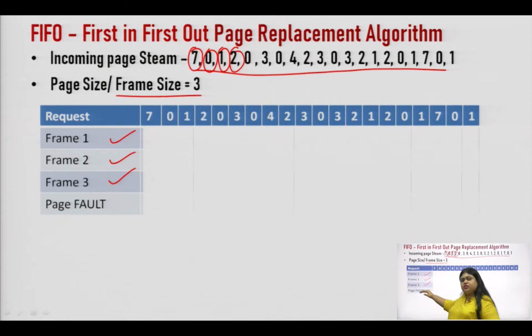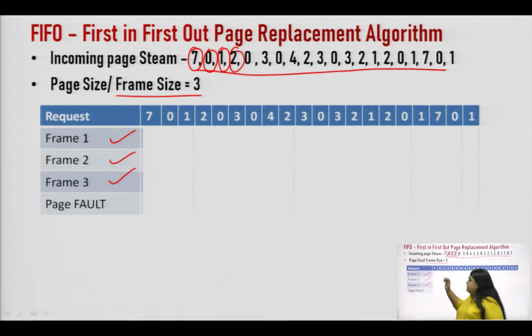And this row is basically going to tell you whether we are going to have a page fault or not. So, initially the memory is empty, the process starts executing and it starts requesting the operating system for the pages it needs for execution.